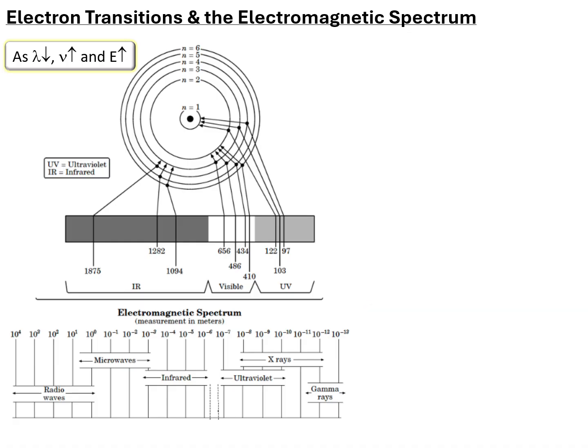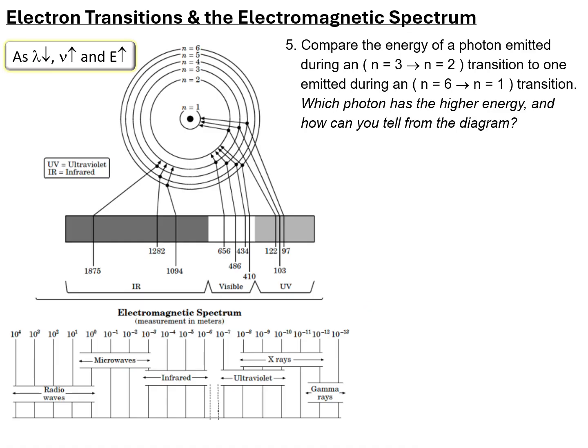All right, so we got a few more questions. We want to compare the energy of a photon emitted, so given off, during a 3 to 2 transition to one emitted during an n 6 to 1 transition. Which photon has the higher energy, and how can you tell from the diagram? There's a couple of ways you can do this. I looked at where they were ending up.